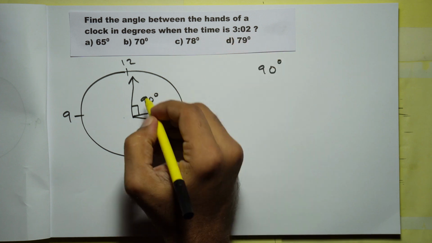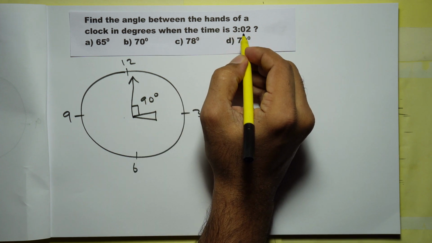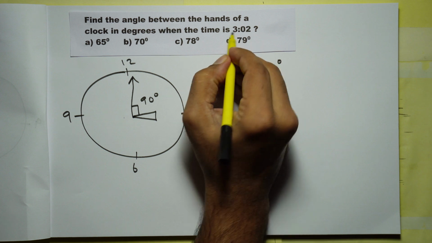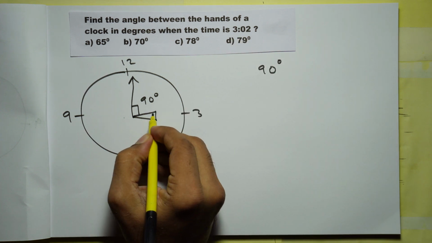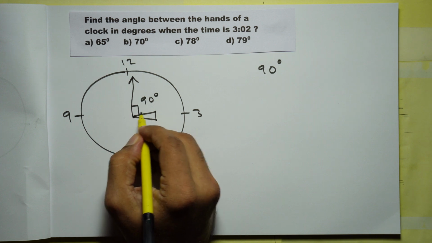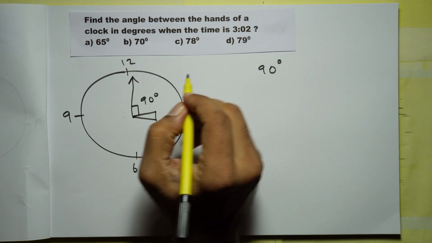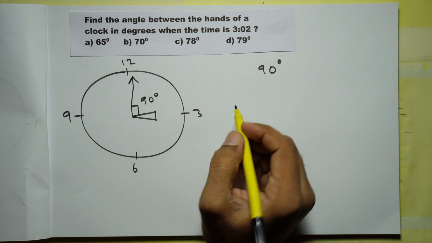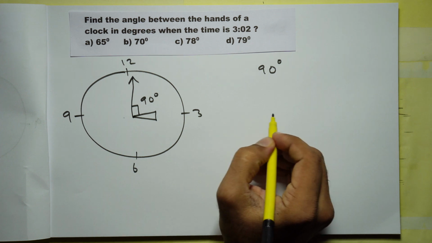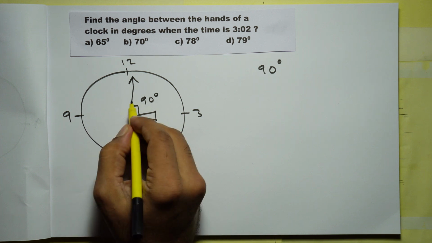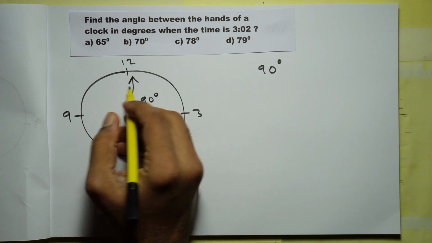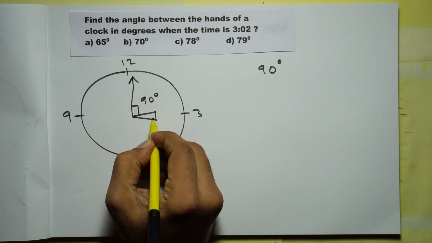And from 3 to 3:02 what will be the change? Then we can find the angle when the time is 3:02. As I had said earlier, the angle between the hour hand and minute hand continuously changes by 5.5 degrees. Every minute it will change by 5.5 degrees. And in this case you can see that the angle is actually decreasing because the minute hand is behind the hour hand.